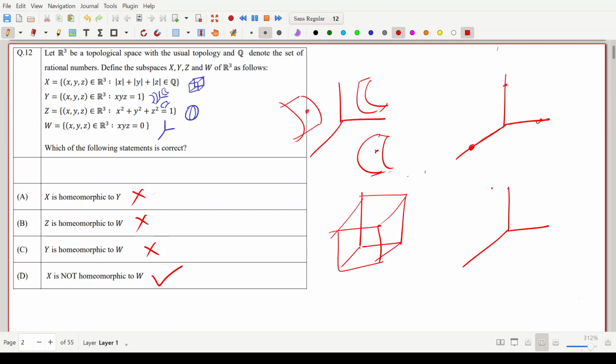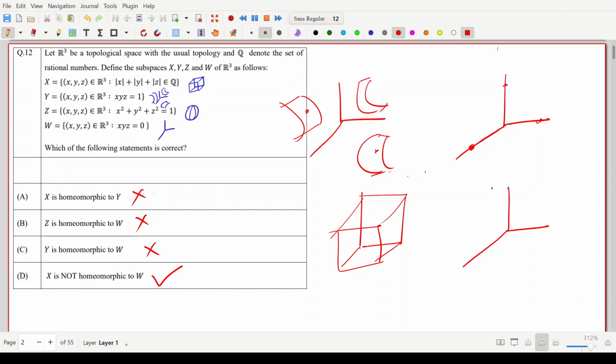Compactness, completeness, path connected: both are path connected. So in this case, we are able to solve this question because other options A, B, C were not true. X is not homeomorphic to W, so option D must be correct.